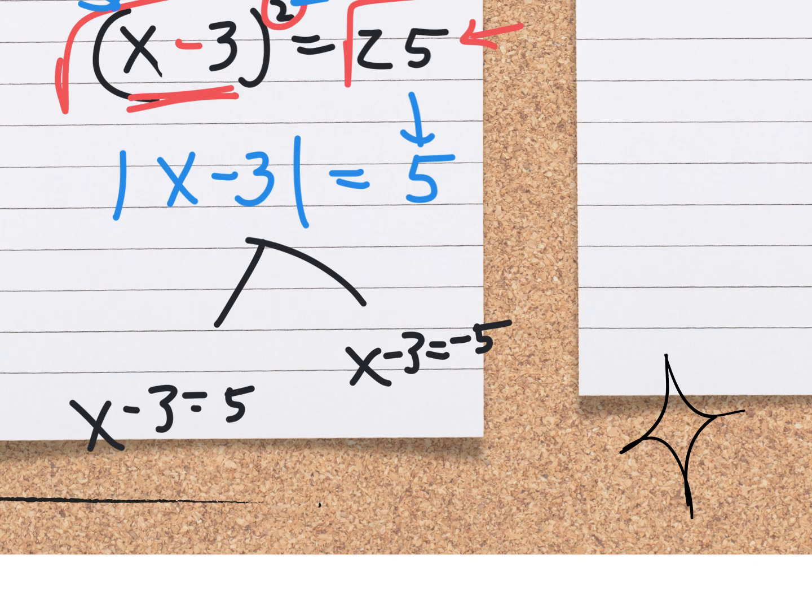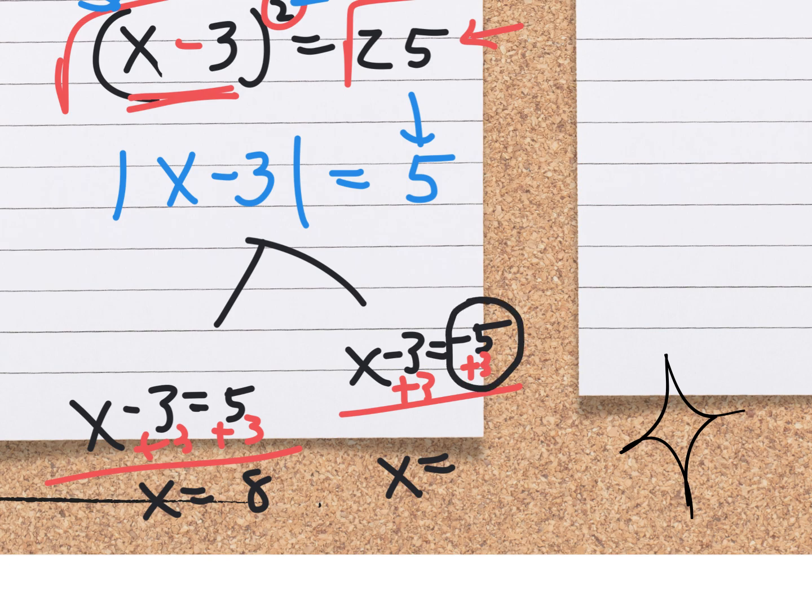There's your two little baby equations that come out, and you have to solve these little bite-sized equations by subtracting 3 from both sides. And my final answer is x equals 2, and x equals negative 5 minus 3, which makes negative 8.